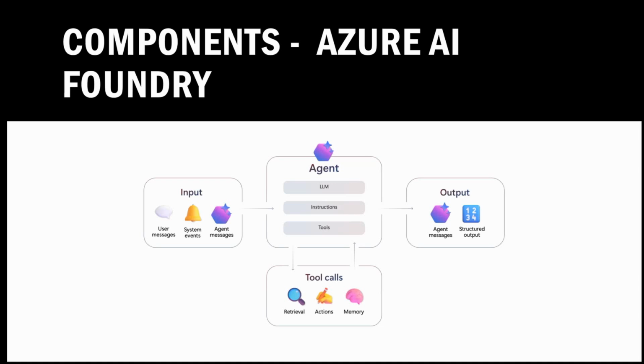So, each agent that we have created inside the Azure AI Foundry will have a model added for it. The model is something like an LLM, which adds reasoning and language understanding, and then it would have instructions given for it.